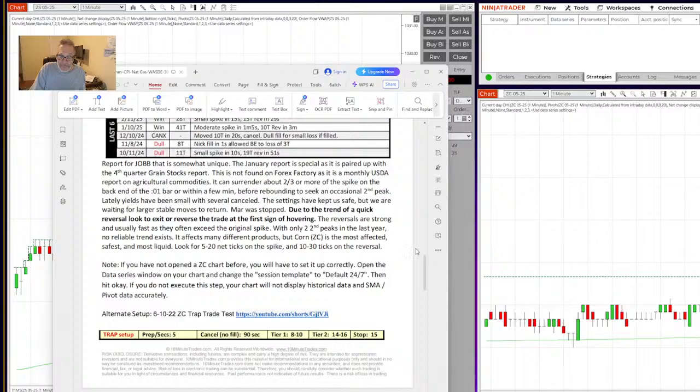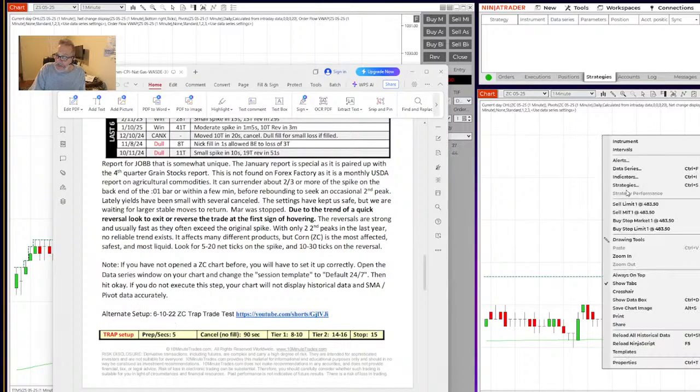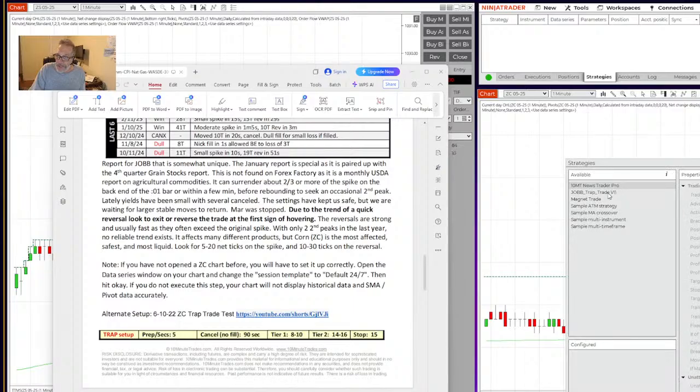So on our trap trade, right click the chart, click on strategies, click on trap trade. Position 1 is a 1, position 2 is a 1. Today's probably not the day to be a hero and trade extra contracts. I'm just trading 2.